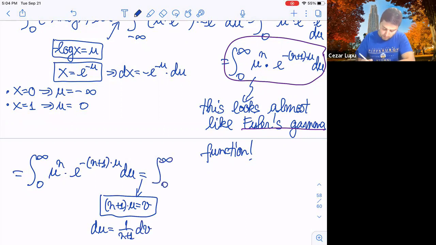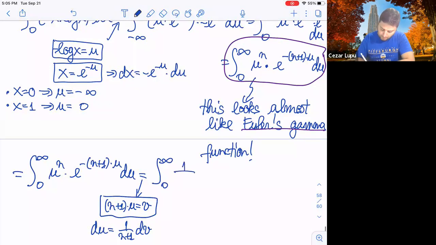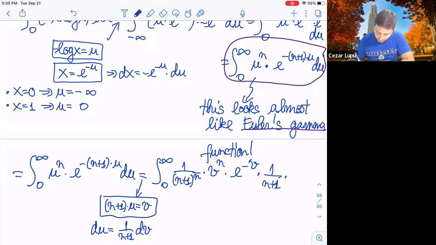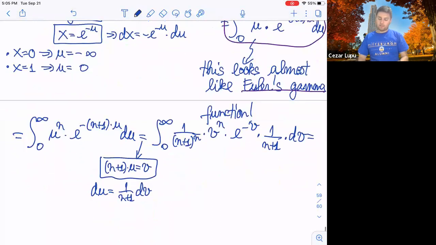So this will be the integral from 0 to infinity of, so u will be 1 over n plus 1 to the power n times v to the n times e to the power negative v times du, which will be 1 over n plus 1 dv. Ah, that's great. All right, and at this point we're lucky.